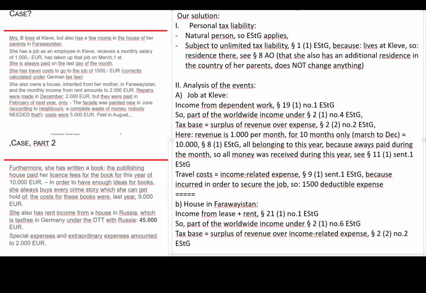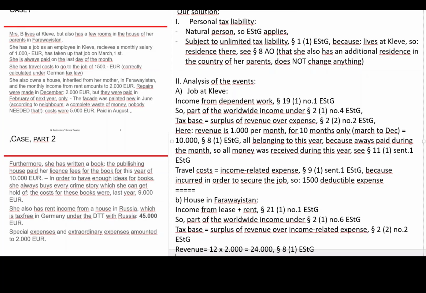And now let's look for revenue. Revenue is 12 times 2,000, 24,000. It is revenue because it is money. So that's it. And now let's go on a bit.